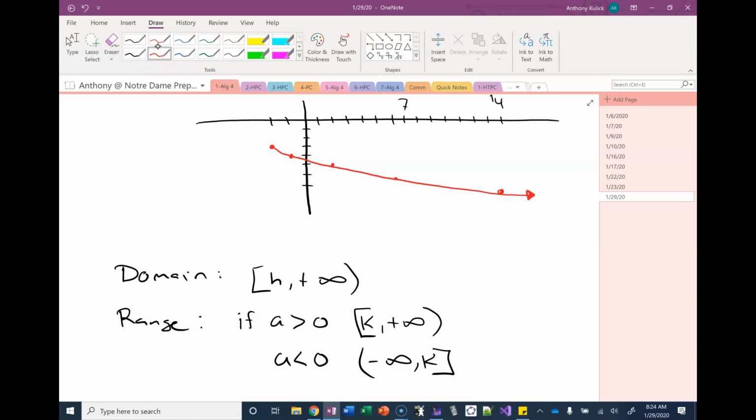So for our graph up here, what's our domain going to be? Great. What was our h again? -2. And we have to have a bracket on the -2 and a parenthesis on the infinity. Because remember, what does the bracket mean versus the parenthesis? Bracket is included.